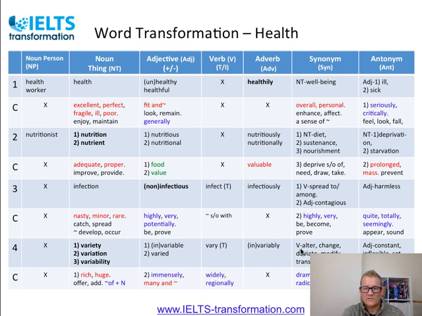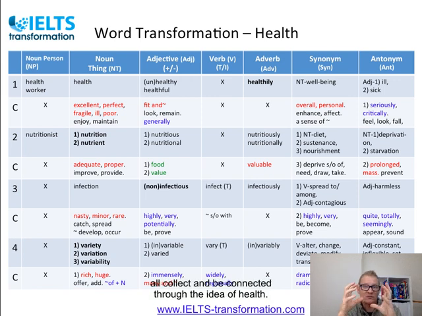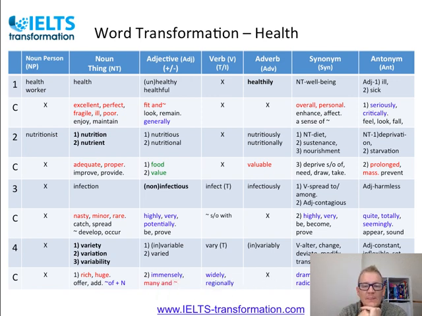Verb, vary, alter, change, deviate, modify, transform. So really by learning one word, you can learn the different forms, the collocations, and some synonyms. So that in your head, these should all collect and be connected through the idea of health. That's how it works in your brain. Your amazing brain, by the way.